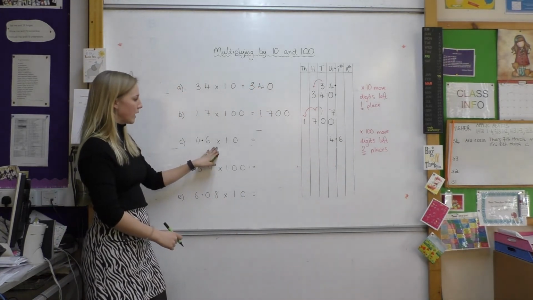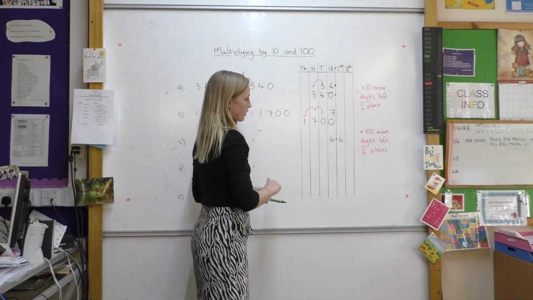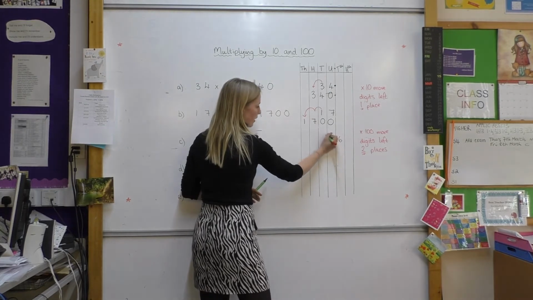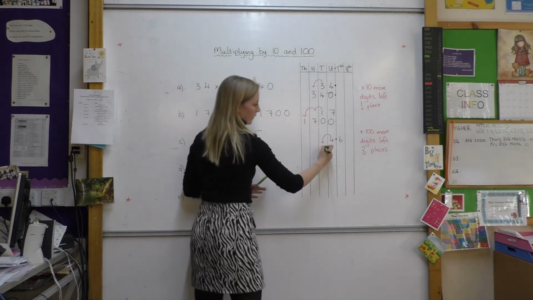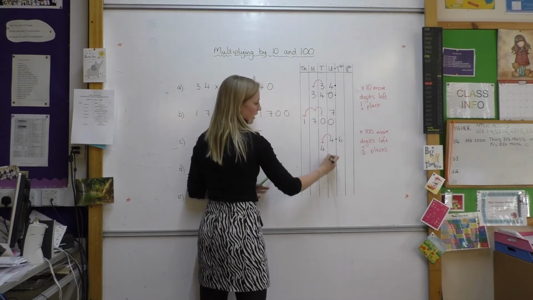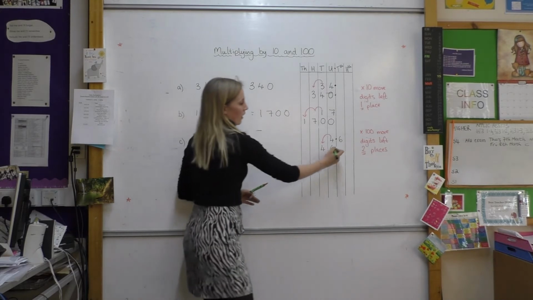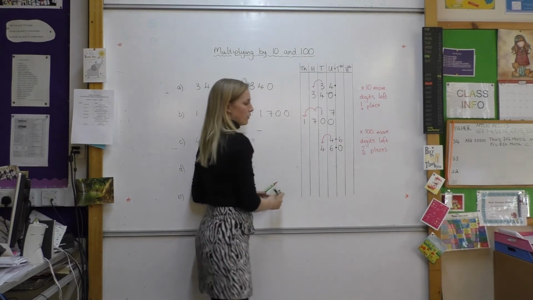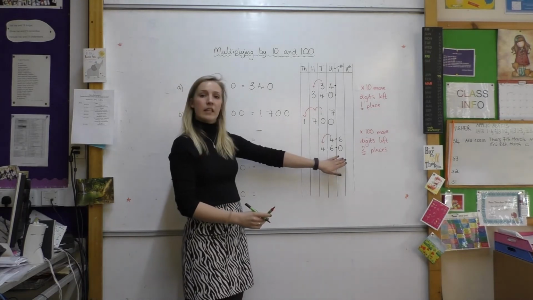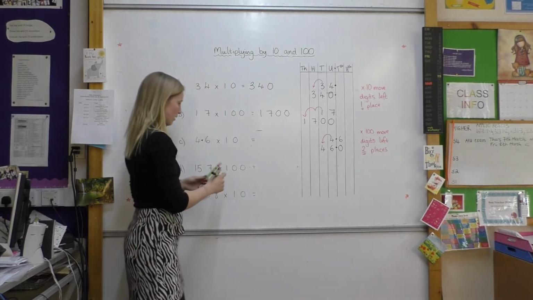We're multiplying by 10, so we're going to move it one place to the left. Taking my 4 then, it goes into my tens column. That's going to give me 4 tens and 6 units. I can put a decimal point and a 0 in there, but we don't need it because it doesn't change your answer, which is 46.